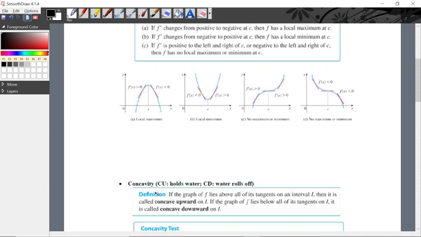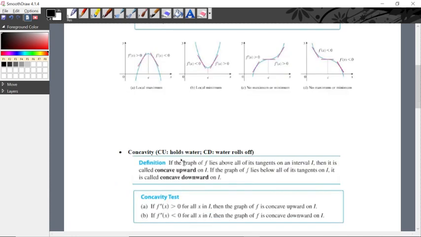So for example, if the second derivative is positive, that would be telling us that the first derivative is increasing. Okay? So if we had a function whereby we had the slope of the tangent line, let's say I already have that the slope of the tangent line is positive.